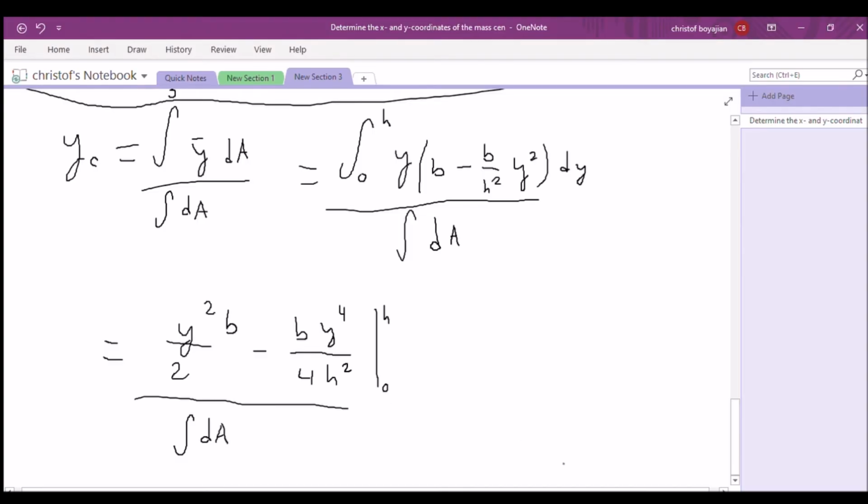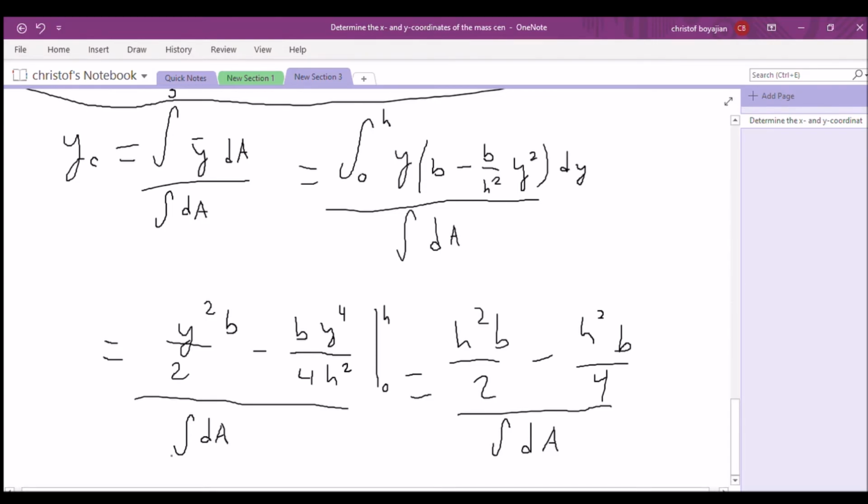Okay. And now we evaluate this. It's going to be h squared b over 2 minus h to the 4th. So h to the 4th over h to the 2 should simplify to h squared times b over 4, divided by our integral of dA.